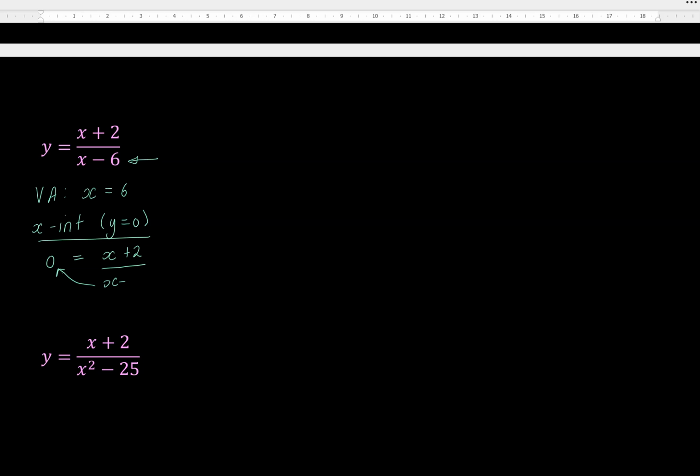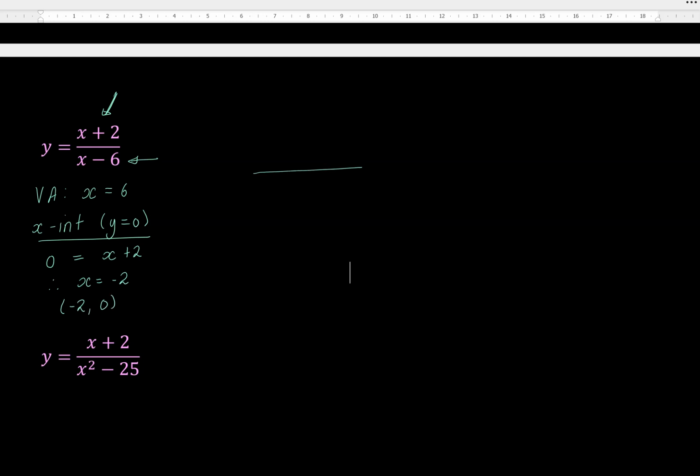Well, it's just 0. And then you're going, why did I have to go through that? All I have to do is make the numerator equal to 0 because 0 divided by anything is 0. So you can solve that. x must be -2. That's your x-intercept.